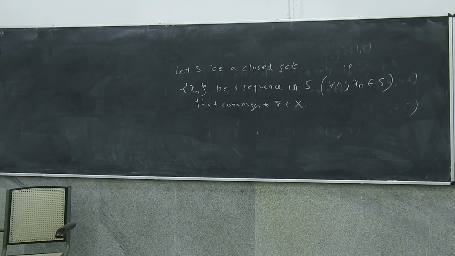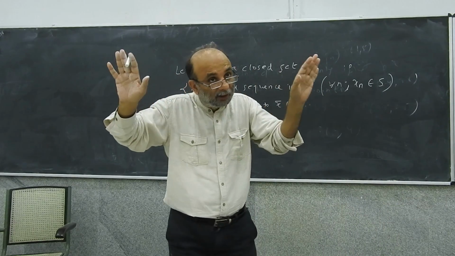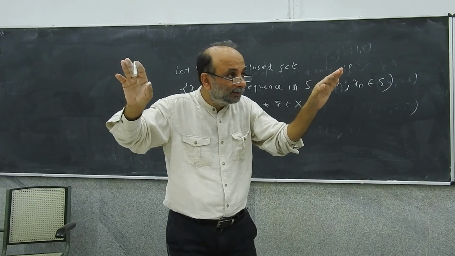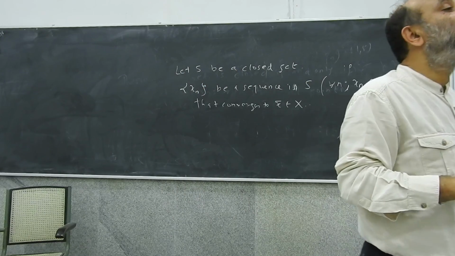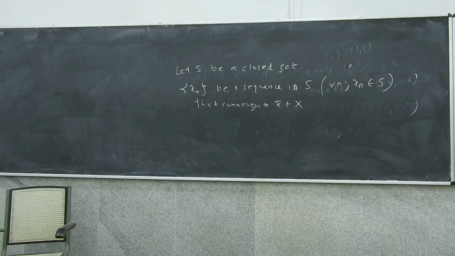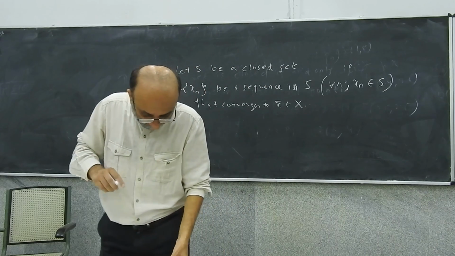So what we will be showing is that if the set S is closed, it will contain all its limit points. Is this clear? Everybody understands this? Because if we don't show this, then we have no way of showing that S is a closed set.